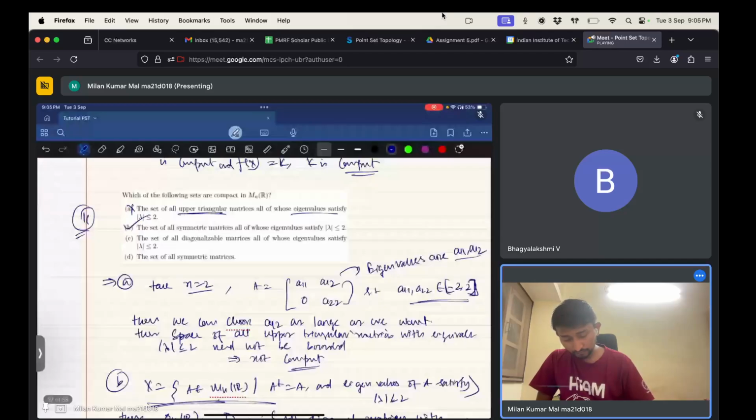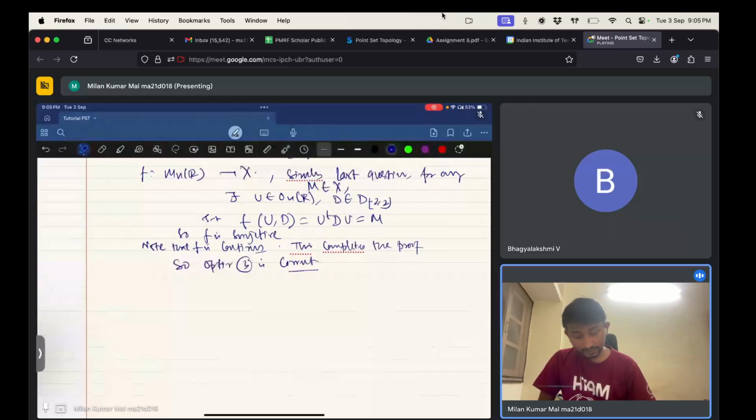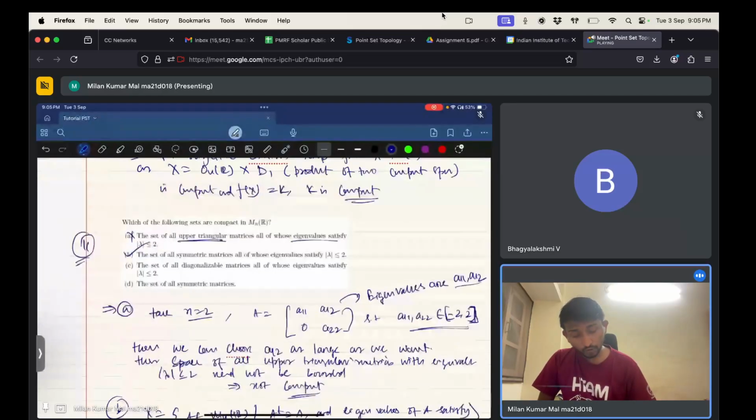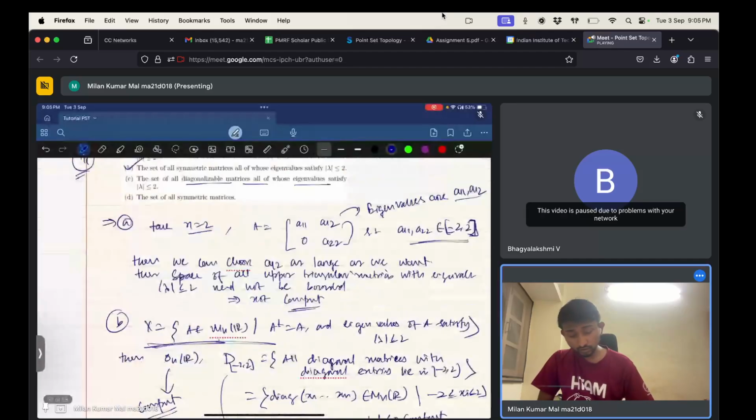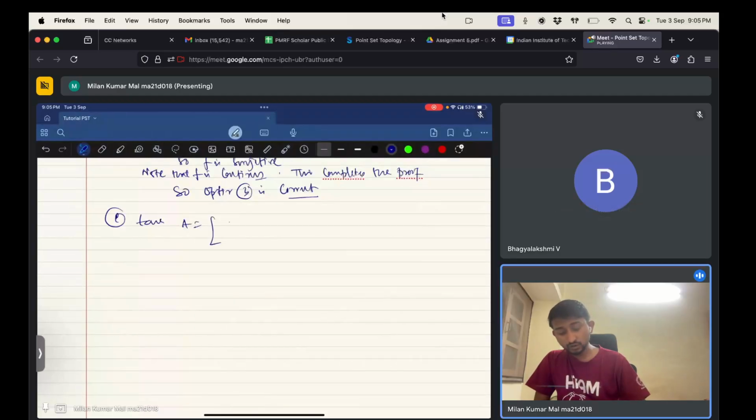Option B is correct. And the set of all diagonalizable matrices, all of whose eigenvalues satisfy mod lambda less than or equal to 2, that will not be true also, because see, take matrix A equal to A11, A12, 0, A22, or I can take this to be like minus 2, 2.